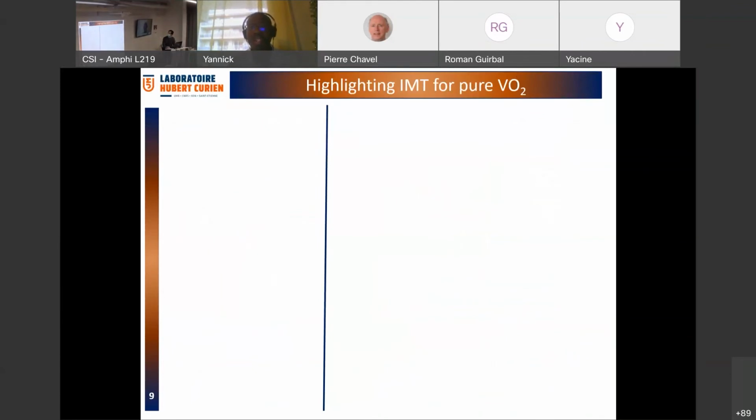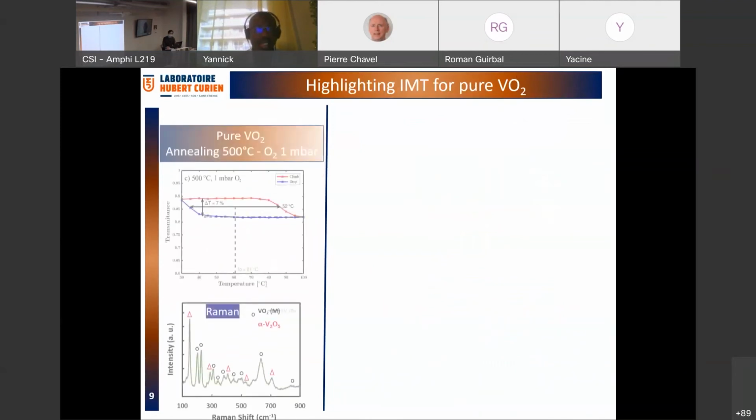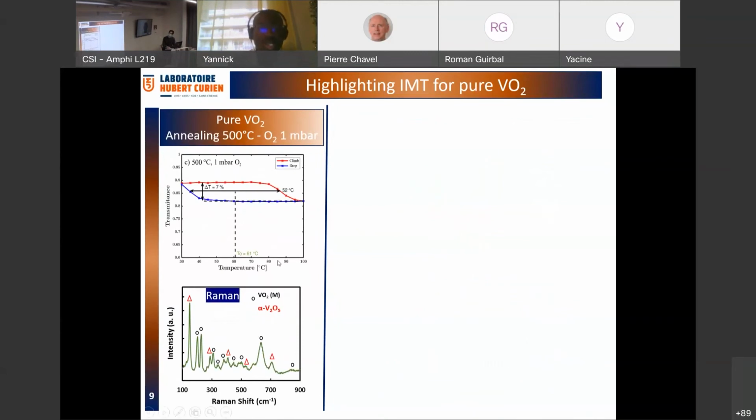Just to highlight the insulator metal transition for pure vanadium dioxide that we have already started. Here we deposit our vanadium dioxide using PLD, and then we anneal at 500 degrees Celsius.